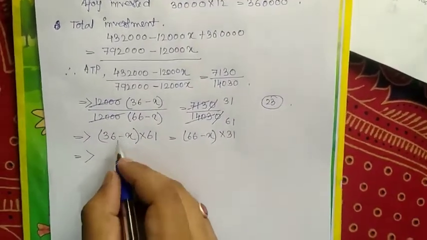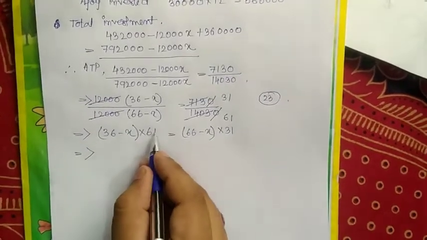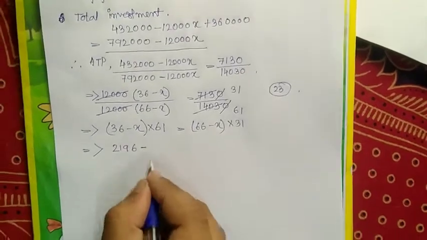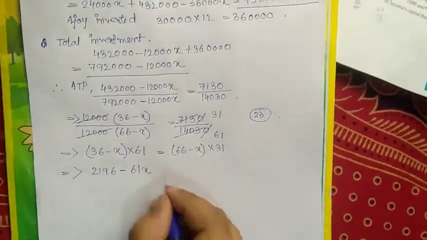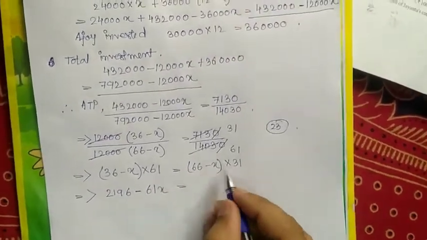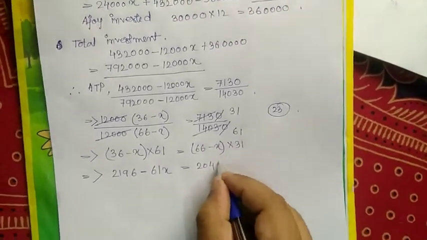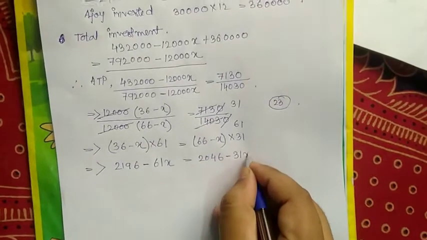So therefore, opening those brackets, 36 into 61 we get 2196 minus 61x. Opening those brackets, 66 into 31 we get 2046 minus 31x.